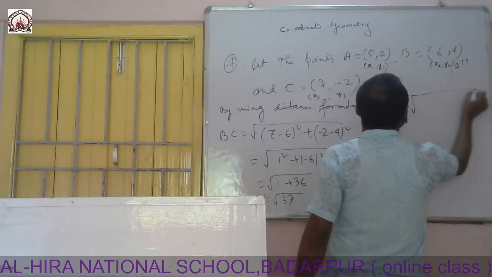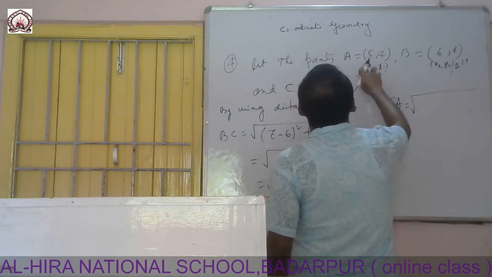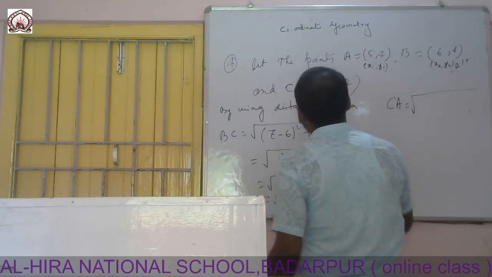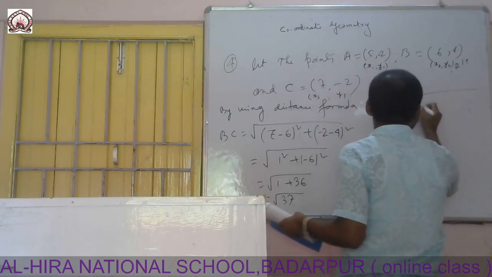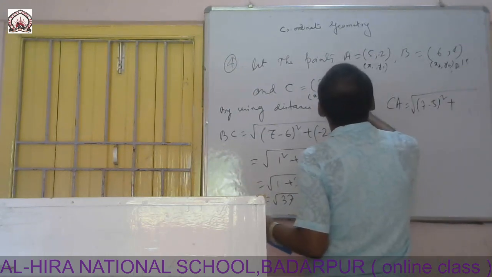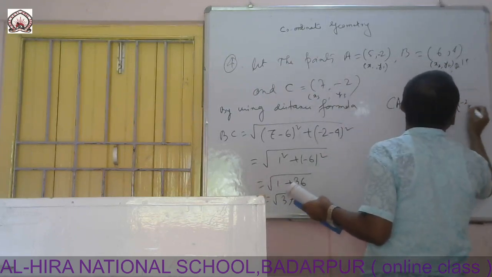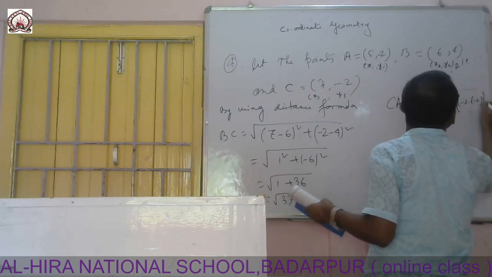CA is root over x3 minus x1 whole square plus y3 minus y1 whole square. x3 minus x1 is 7 minus 5 whole square, and y3 minus y1 is minus 2 minus, bracket of minus 2, whole square.